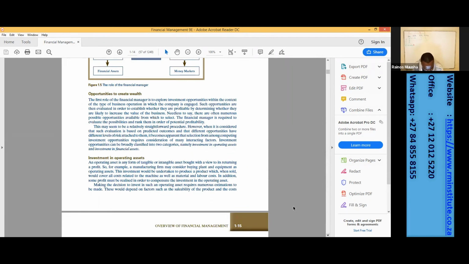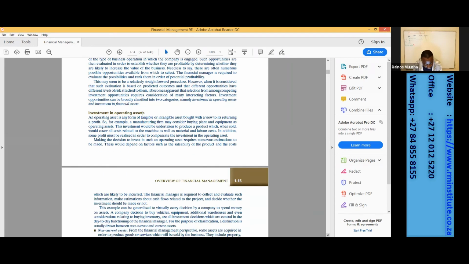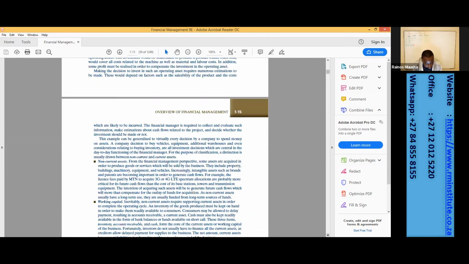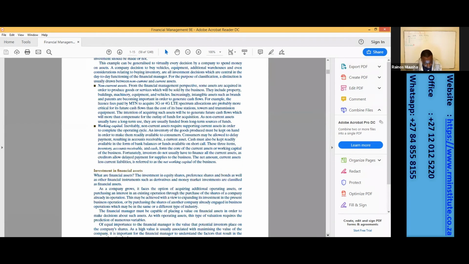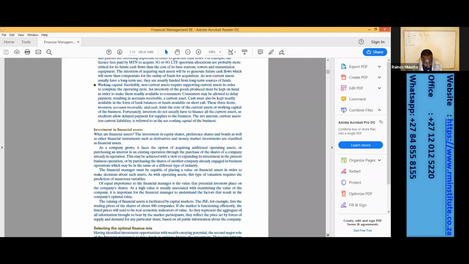So when they are looking at investing, they can consider investing in operating assets, like what I was explaining, which is basically your non-current assets or your working capital. And then they can also look at investing in financial assets. And here they say, what are financial assets?